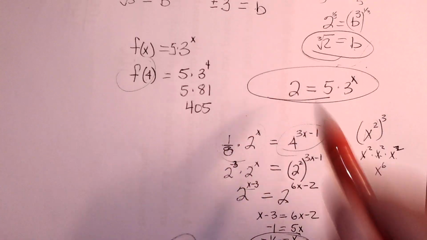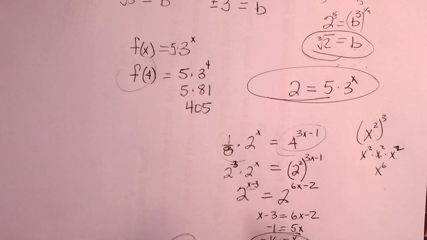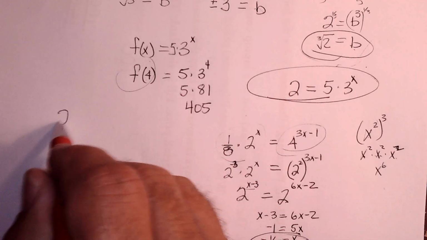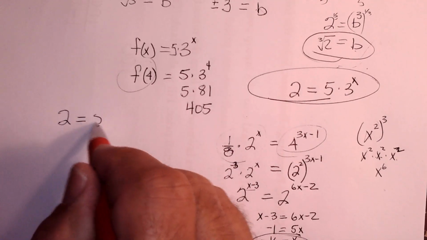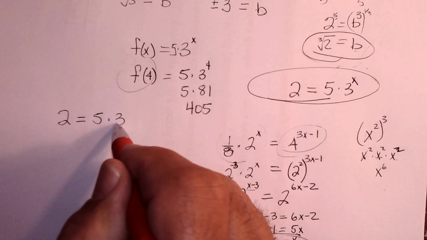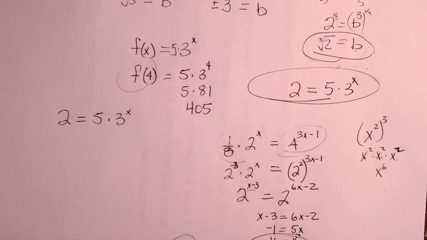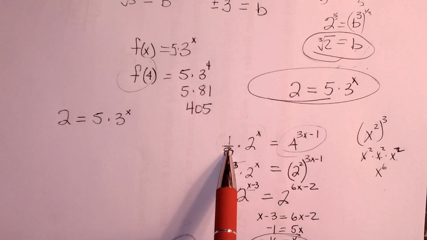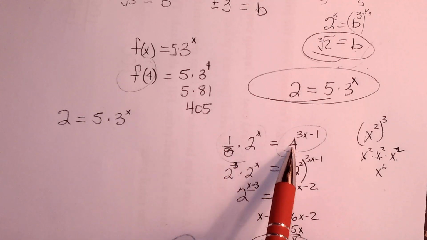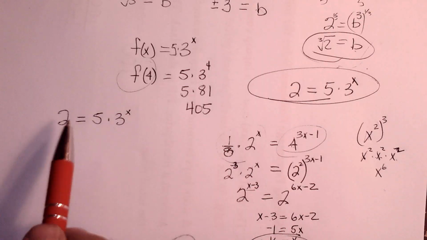So how do I do that problem that I suggested? 2 equals 5 times 3 to the x. In the last problem, everything was some power of 2. It made it easy to do.